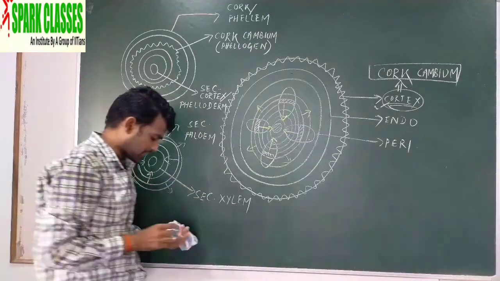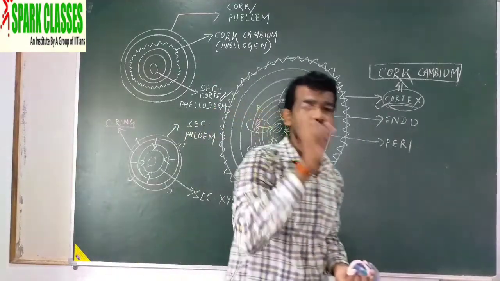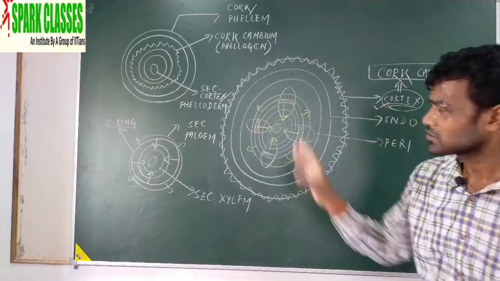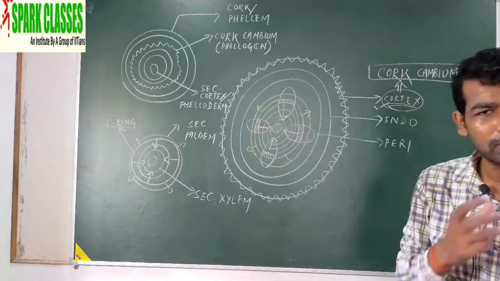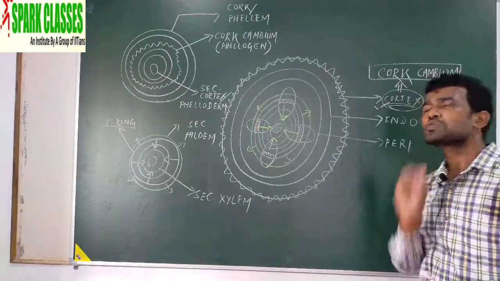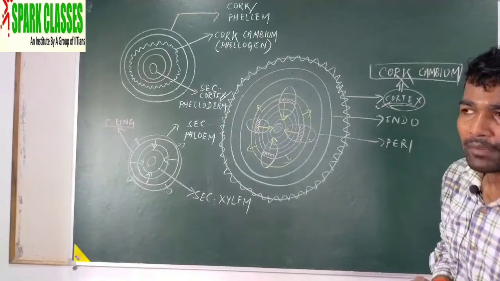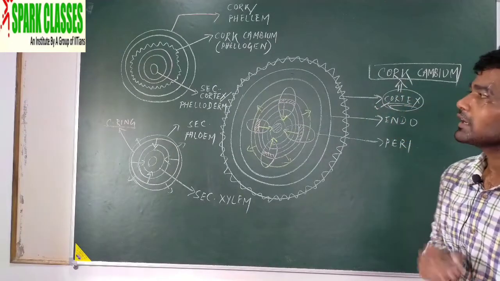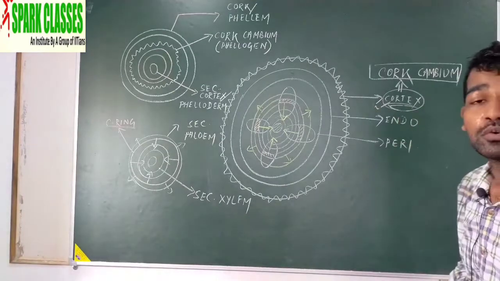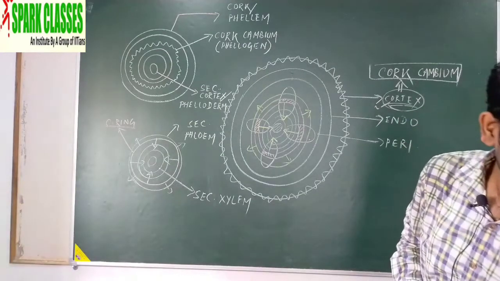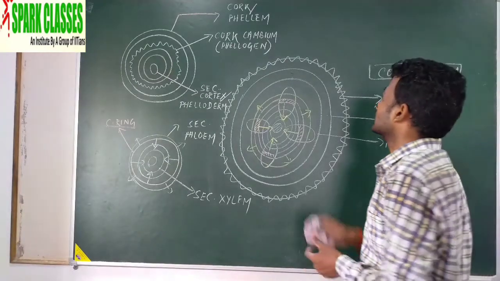One important thing here always confuses you in NEET. Because I have already explained, you can easily answer. But frequently most students get it wrong. Sometimes a question comes: arrange the different layers produced during secondary growth in a particular order.